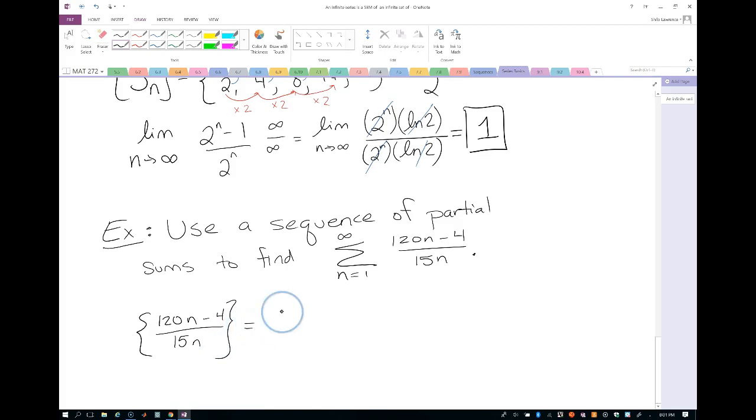So if we plug in 1, we get 116 over 15. If we plug in 2, I get 236 over 30. If we plug in 3, we're going to get 356 over 45. If we plug in 4, I'm going to get 476 over 60, and we'll see if that's enough in order to do this.